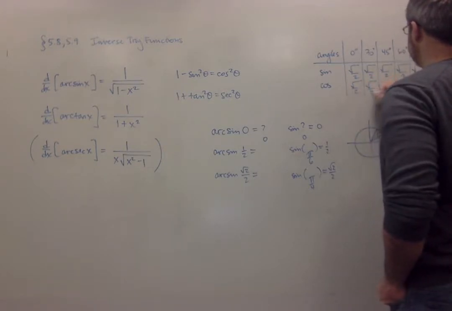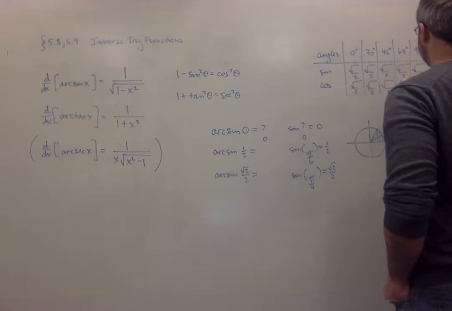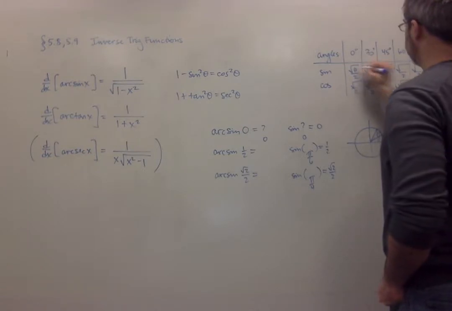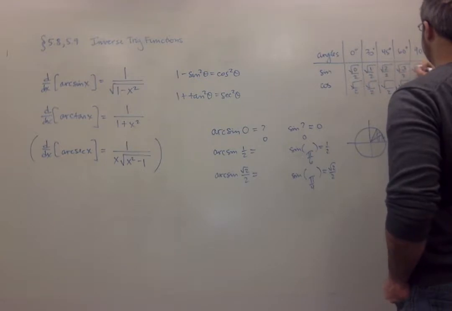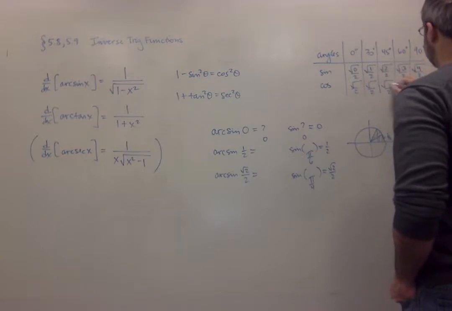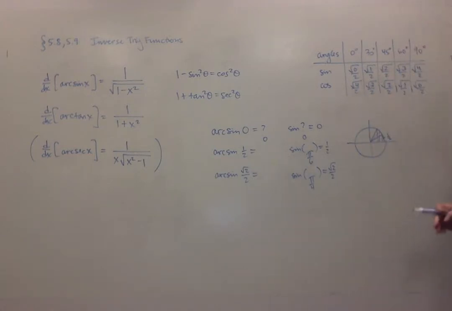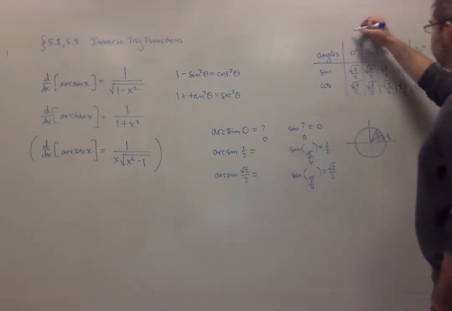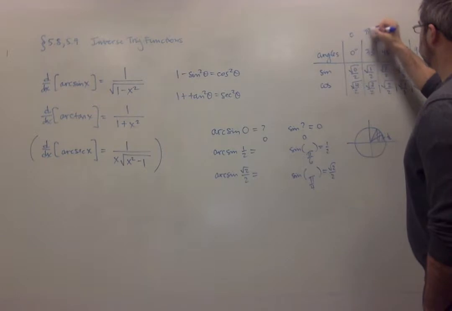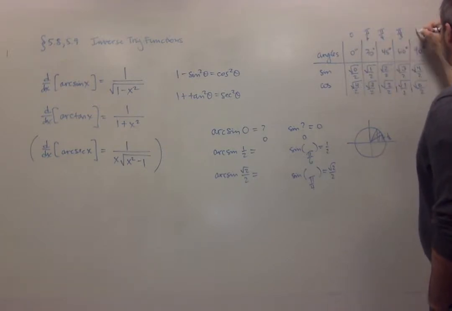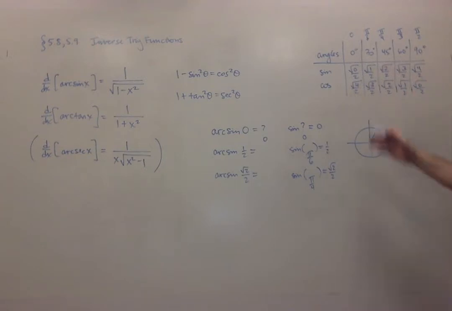So everything square root over 2. And then we just go through and write 0, 1, 2, 3, 4. 0, 1, 2, 3, 4. So for example, the sine of, and I should write these in radians too, pi over 6, pi over 4, pi over 3, pi over 2. The sine of pi over 4 is root 2 over 2.